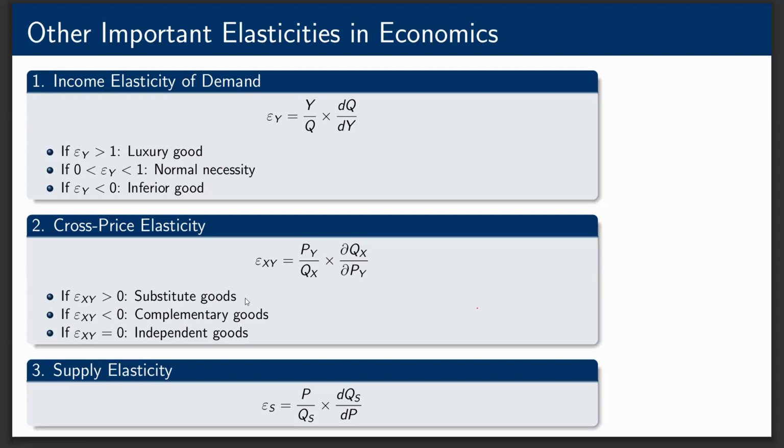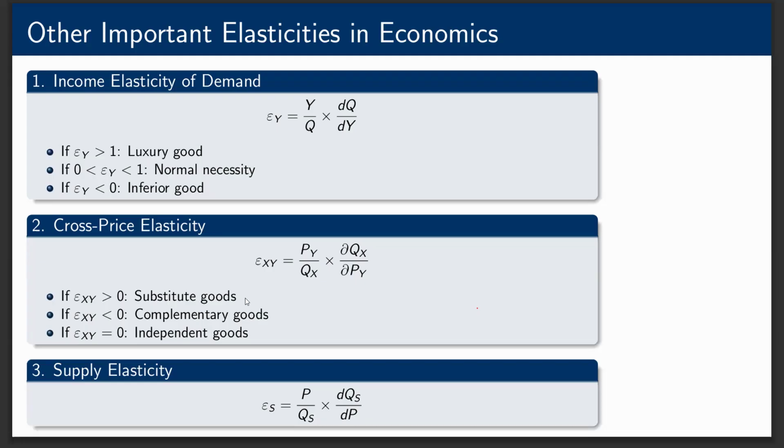Same direction, so the elasticity is positive. Complementary goods have a negative sign. For example, if the price of petrol increases, the demand for petrol will fall, and the demand for cars will also fall. Price of petrol increases, demand for car falls, opposite direction. The sign should be negative.